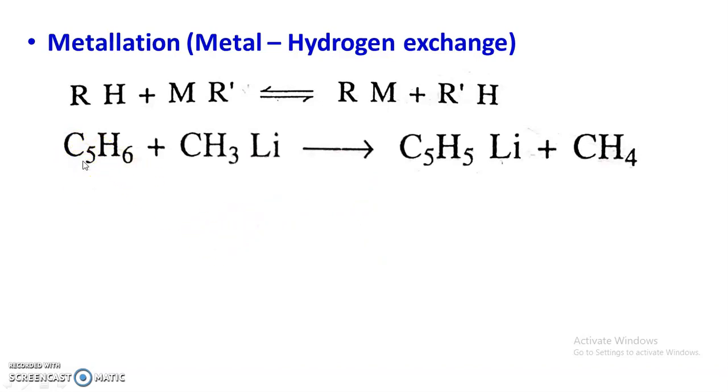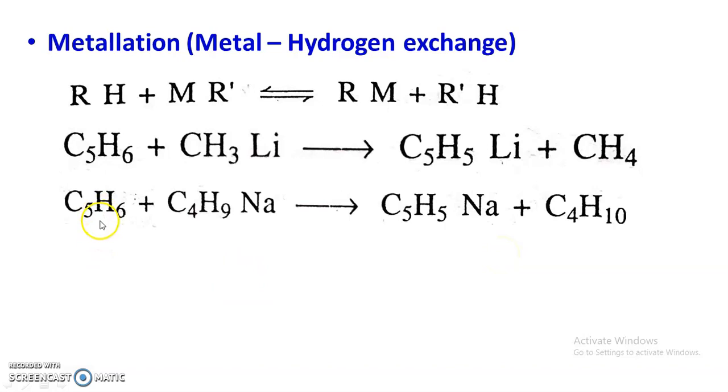So this is cyclopentadiene. When treated with methyl lithium, one of the hydrogens of cyclopentadiene is displaced by lithium, and there is a formation of cyclopentadienyl lithium. This is an organometallic compound, plus there is a formation of methane.